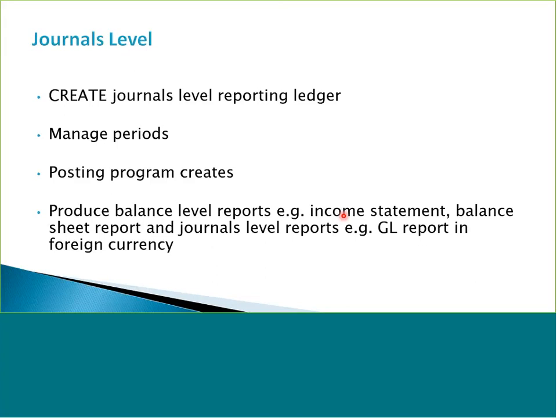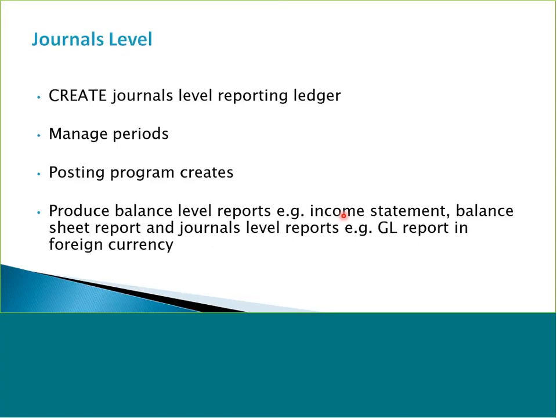So the difference between the journals level and the balances level is, one, that we have to manually create the journals level reporting currency ledger. Therefore, we have to manage this ledger the way we would manage our primary ledger. And for the journals level, we can see both detailed reports and financial reports.